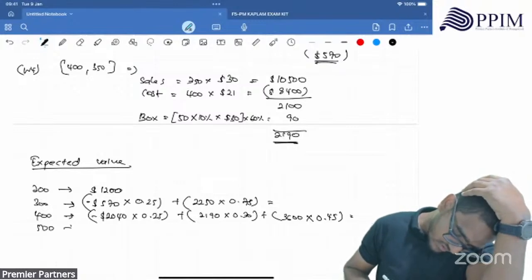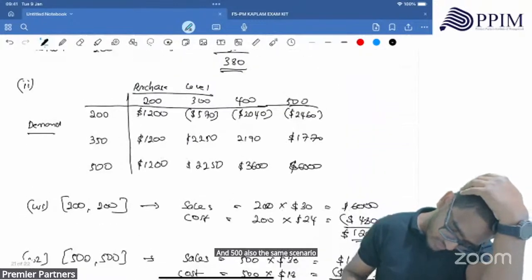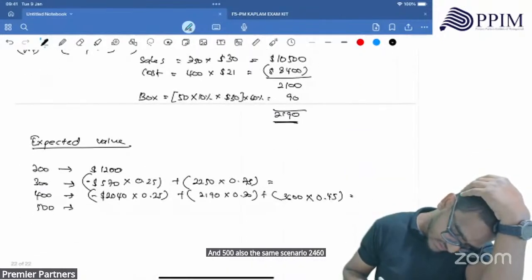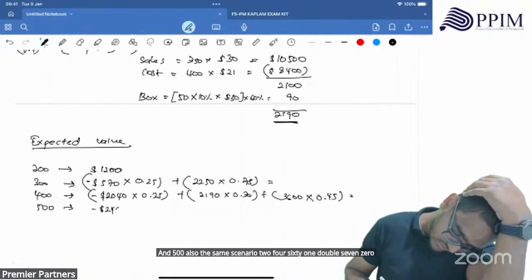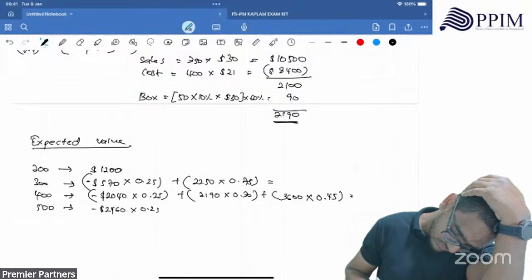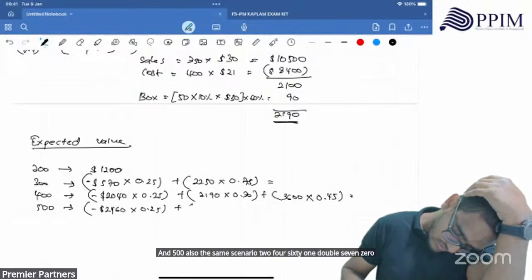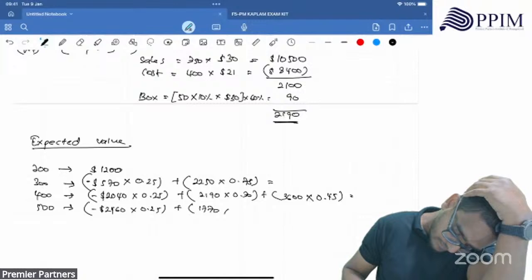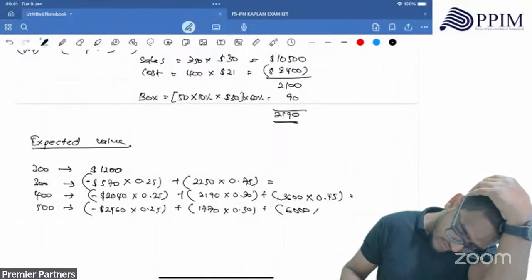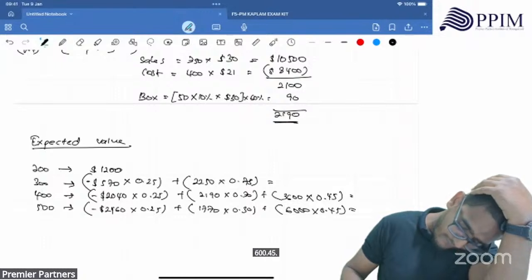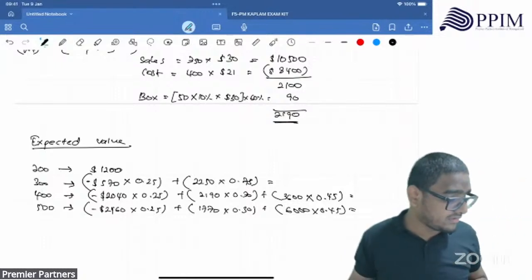And 500 is also the same scenario: negative 2,460, 1,770, and 6,000 at 0.45. Okay, work out all of this.